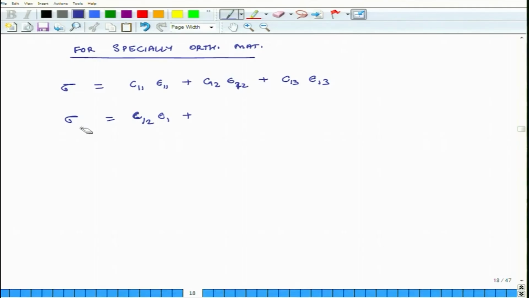I have made a mistake in terms of notations, because now we are no longer using tensor notations. So, sigma 1 is equal to C11 epsilon 1 plus C12 epsilon 2 plus C13 epsilon 3, no shear strains.